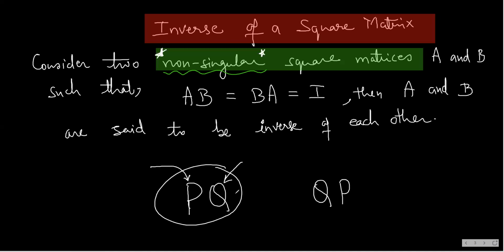Whereas in this, you have the reverse. You have Q as prefactor and P as postfactor.